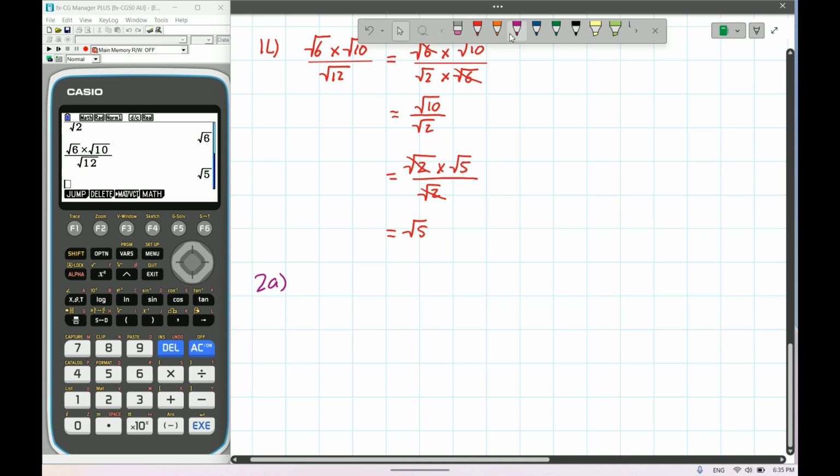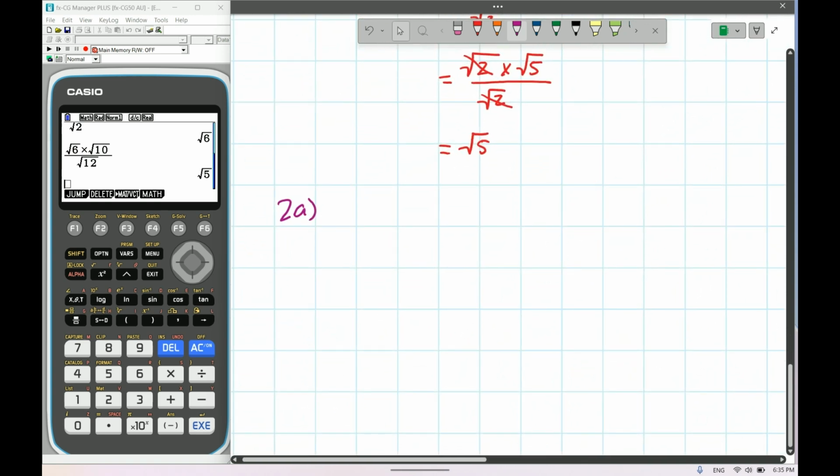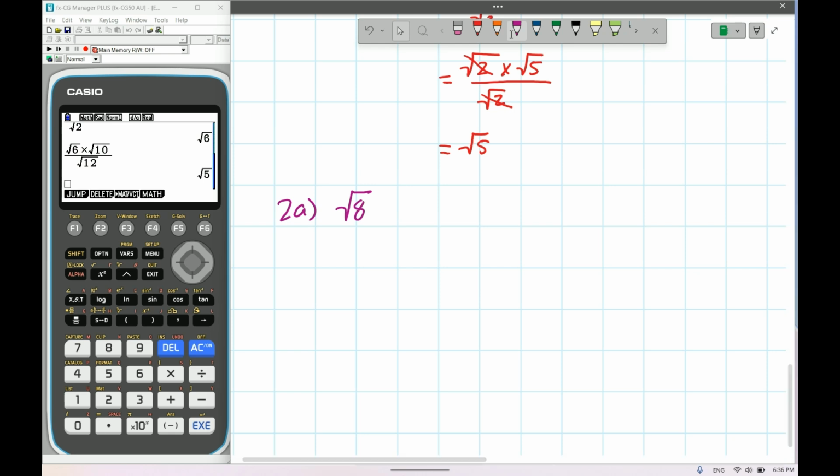So this question reads, write in the form a square root b, where a and b are integers, and a is as large as possible. Okay, cool. I'm looking at question 2a at the moment, and it's written as square root 8. Basically what they're asking you to do is, if you put square root 8 into your calculator, it'll come out as 2 square root 2.